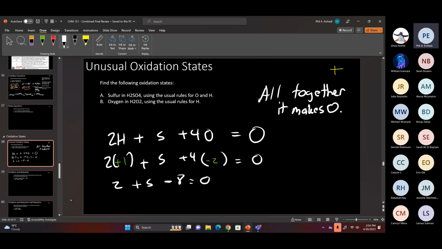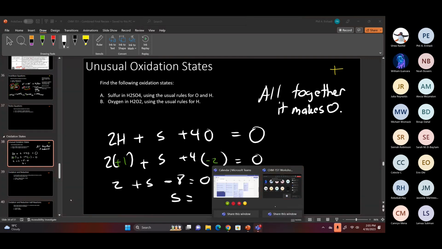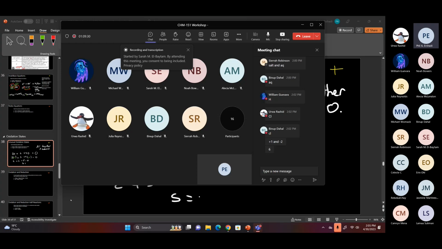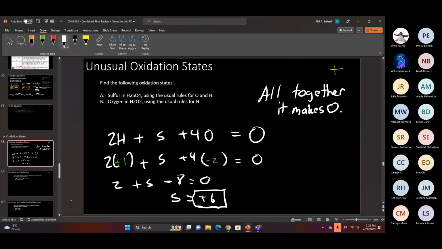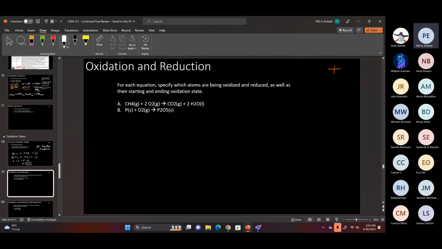So for those of you algebra experts in the room, if I solve this equation for S, what answer would I get? +6. Very good. So you know more or less where we're headed here. The reason I ask this is because now we can start answering more complicated questions if we know how to calculate that.